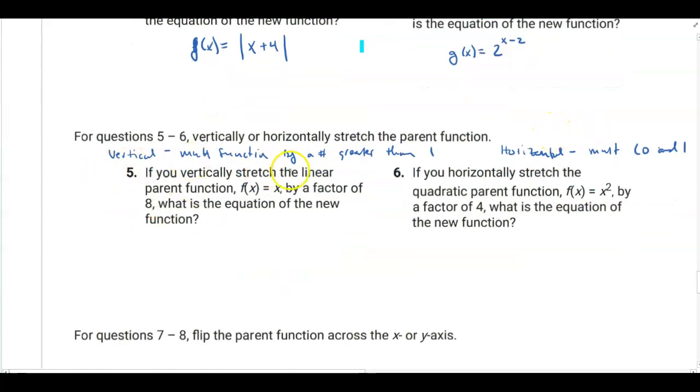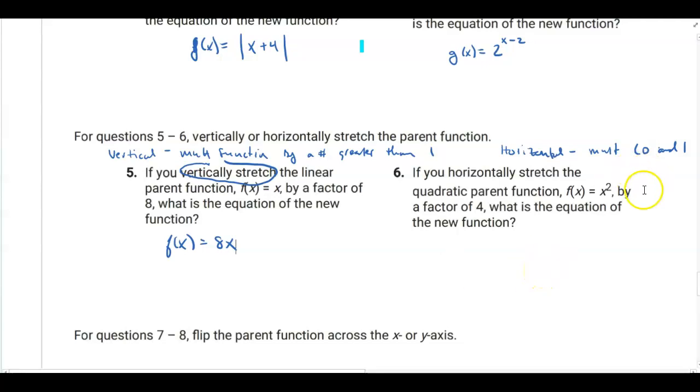So if you vertically stretch a linear parent function, f of x equals x, by a factor of 8, what is the new equation? When it's a vertical stretch, you know you're going to multiply it. It's going to get taller faster, so you're going to multiply by 8x. If it was a horizontal stretch, you would multiply it by 1/8.